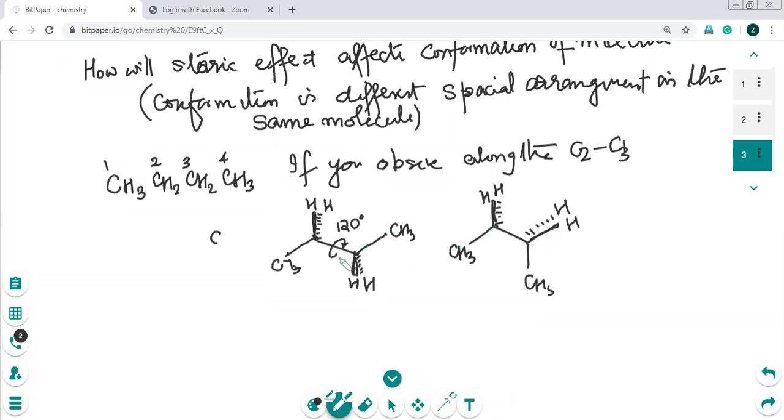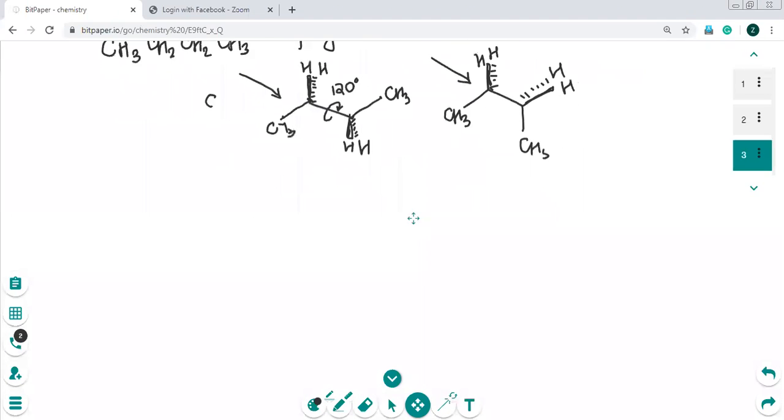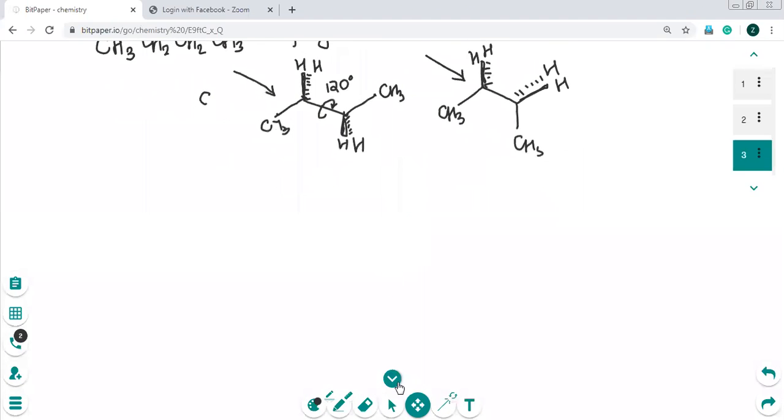Now you can see here, if you observe these two molecules from here, how will they look like? And that is what is called Newman projection.